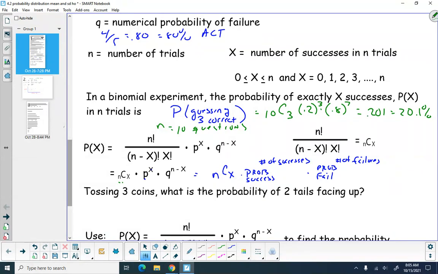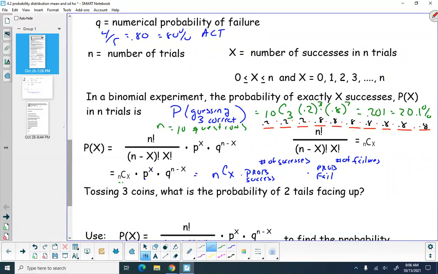Now, what we are basically doing here is using our multiplication principle, where we had 10 questions. We have 3 of them that are correct, 0.2, 0.2, and 0.2. Then we have 7 of them that are incorrect. And we will multiply these all together.